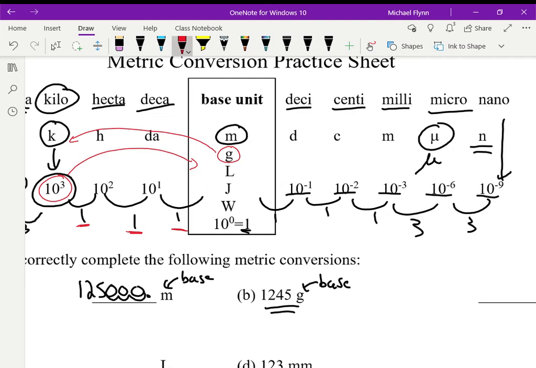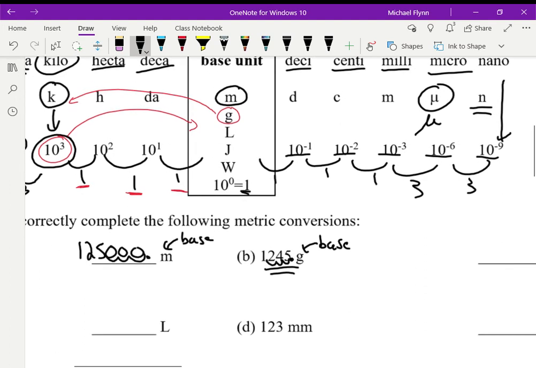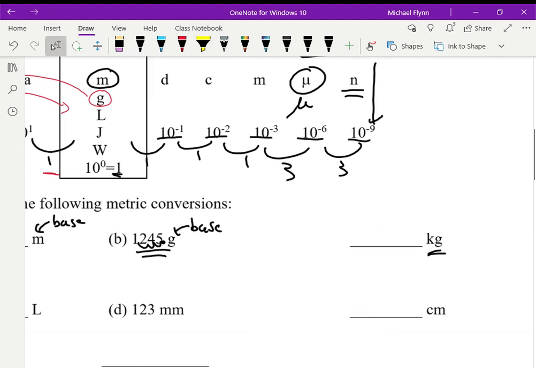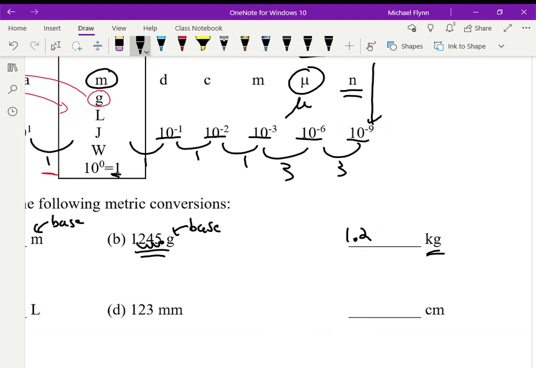So this time, instead of moving the decimal to the right, we're going to move it to the left. So here's our decimal. We're going to move it 1, 2, 3 places to the left, okay? And that will leave us with 1.245 kilograms. Good, right? That's how you convert metric units.